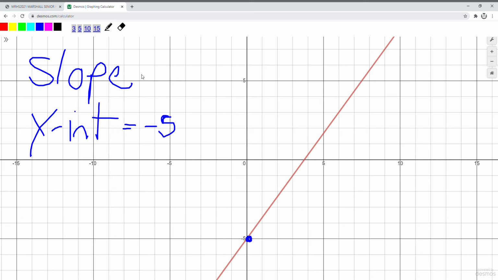Now I need to find my slope. While not a challenging task, this one does require a little bit more than just the y-intercept. So here's what I'm going to do. I have this point on my y-intercept here, and then I'm going to try to find another point on this line. Now I don't just mean plot a point anywhere.